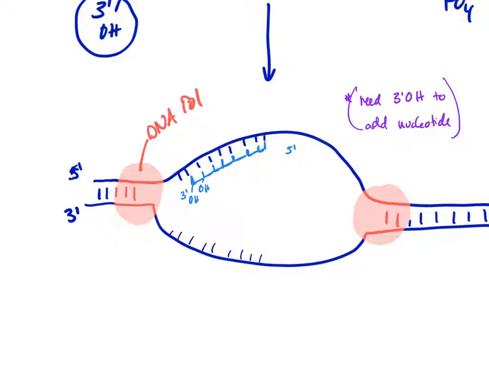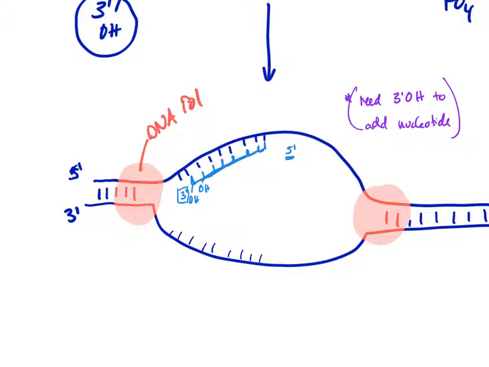Leading is 5' to 3', and as it adds a nucleotide, it's still going to have a free 3' OH. How did it start?